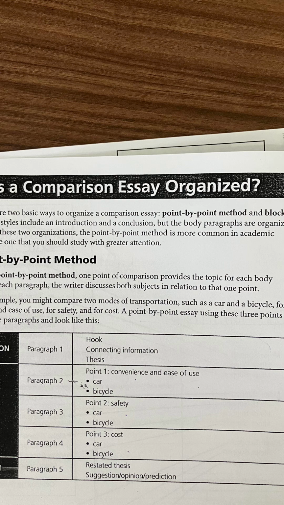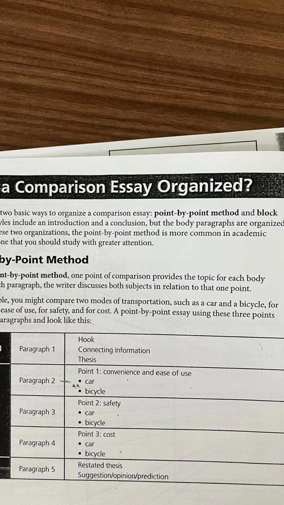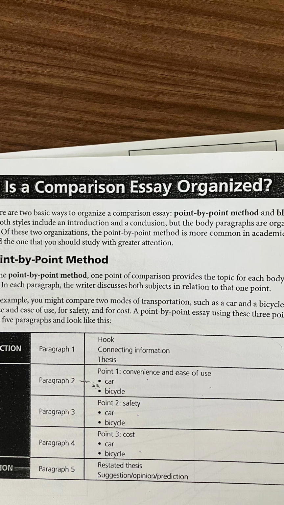And then it discusses convenience of use about cars, and then convenience of use about bicycles. And then the second body paragraph, if I can see this, talks about safety. So you'll write about car safety and then bicycle safety.